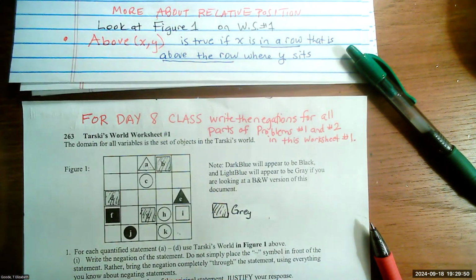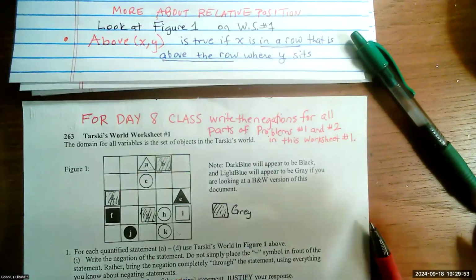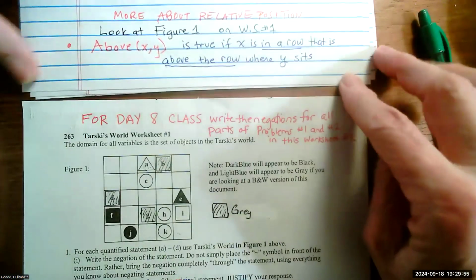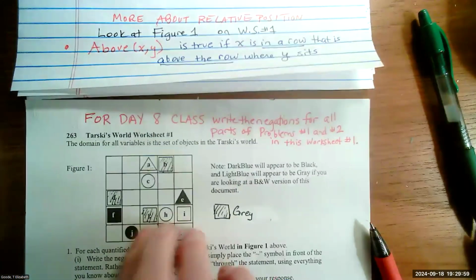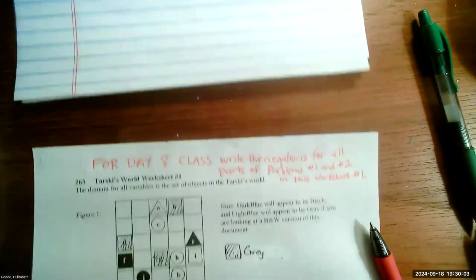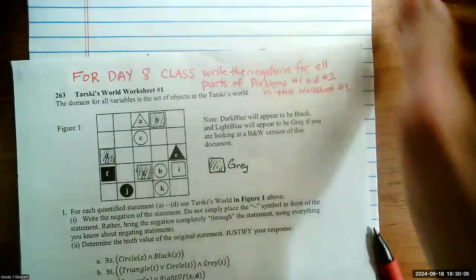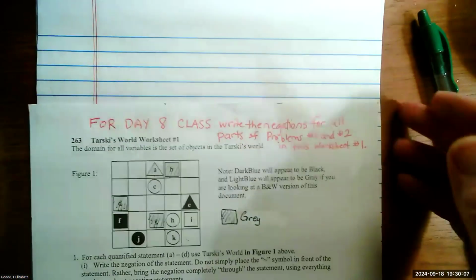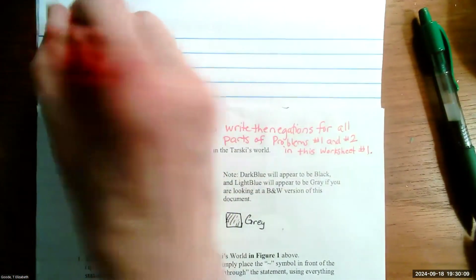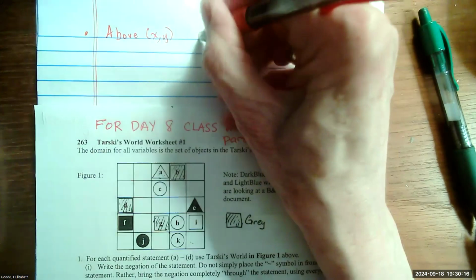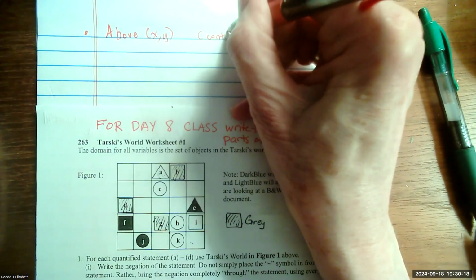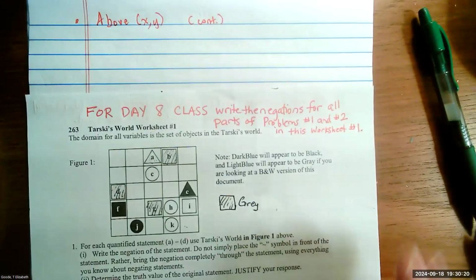So let's look at some true statements. That's the way we're going to practice this, to make sure you understand the idea of above x, y, using this figure to look at. So again, we're continuing with above x, y.